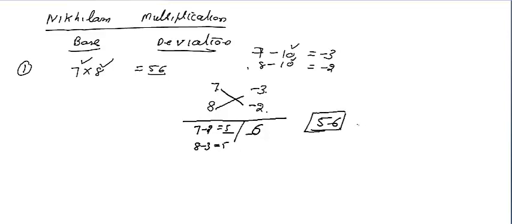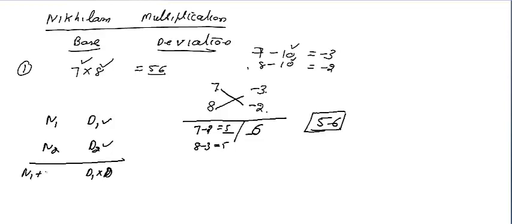Very useful, very interesting concept. You can find the answer very directly. So what is the method? When you have any number n1, you write its deviation d1, and for another number n2, you write deviation d2. Here you write d1 into d2, and here you write n1 plus d2, or n2 plus d1.